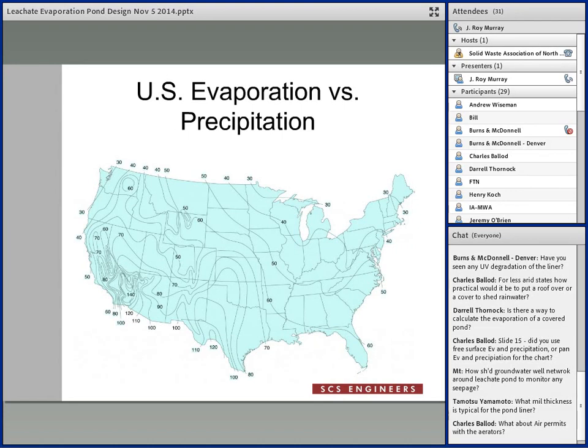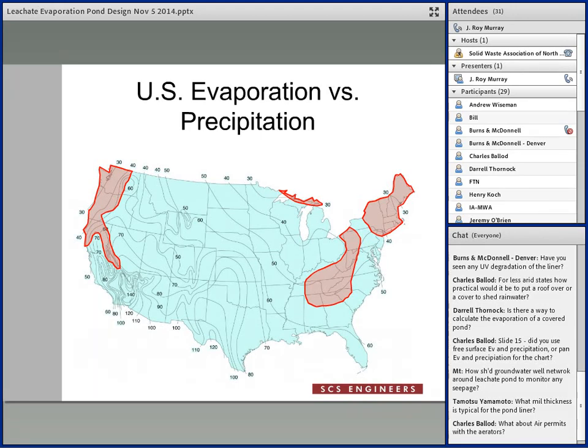a pan evaporation. So on that chart I use pan evaporation, so that's why I initially went in and highlighted the yellow area, these red areas. Those were simple basic evaporation versus pan evaporation.